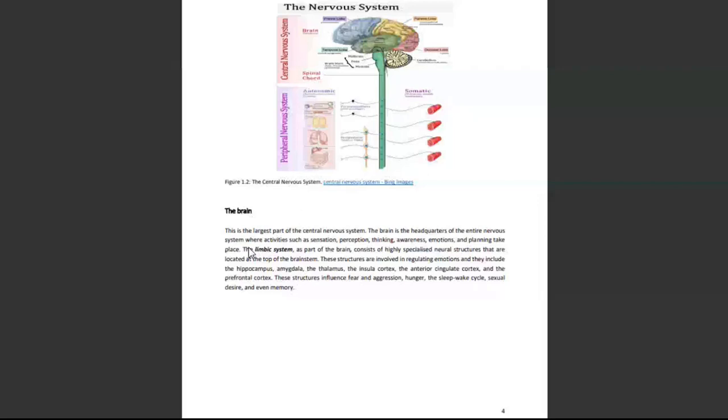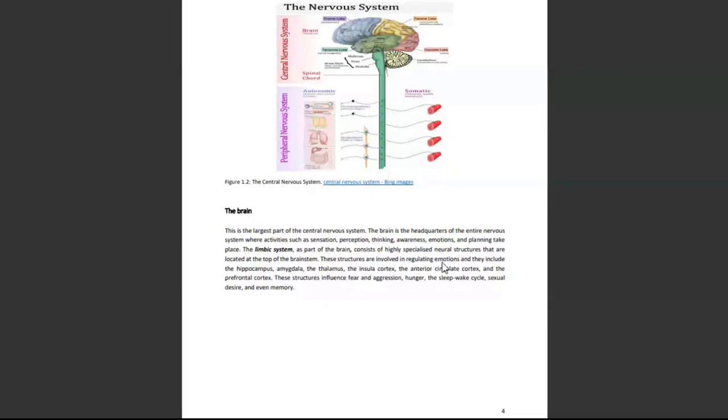The limbic system. The limbic system is part of the brain consisting of highly specialized neuron structures that are located on top of the brainstem. These structures are involved in regulating emotions. So you can open your notes because I can see on my side the words are too small. It will be much easier if you open my slide and your notes on the side.